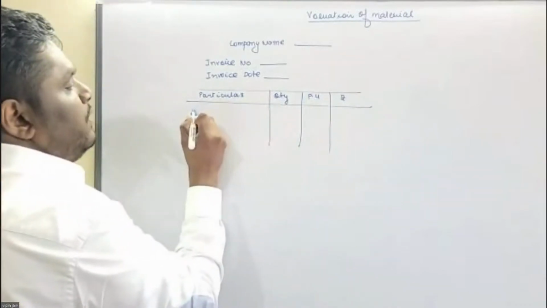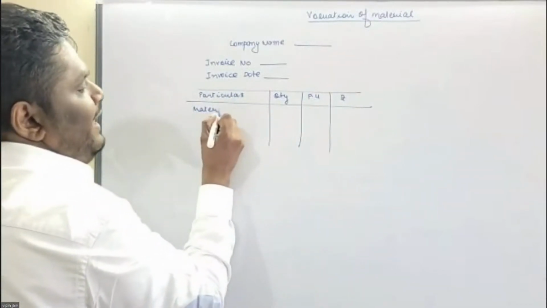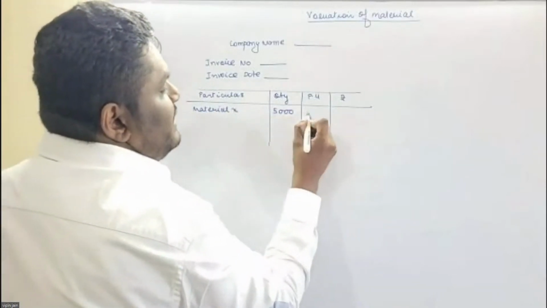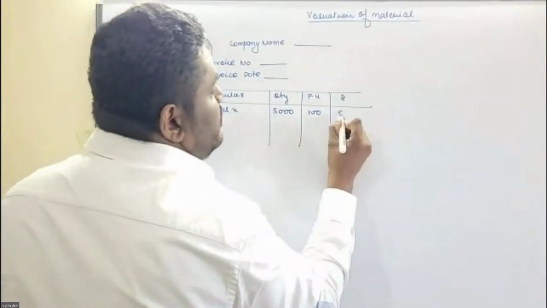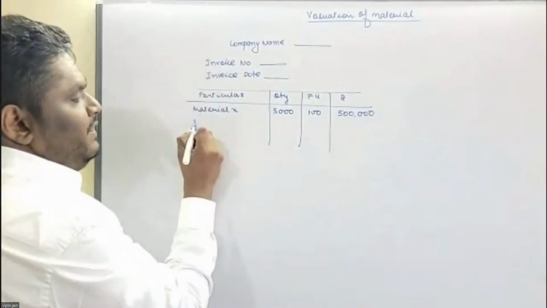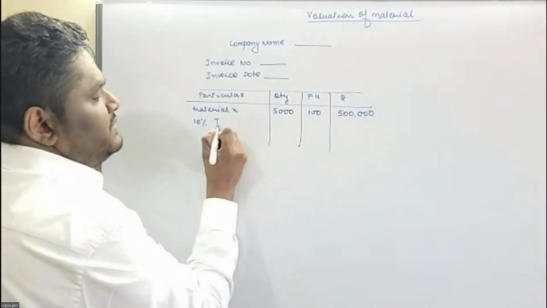Let's say material X, the quantity is 5,000 pieces at the rate 100 rupees. So the total invoiced amount is 5 lakh. Now it is given in the invoice that trade discount is 10%.